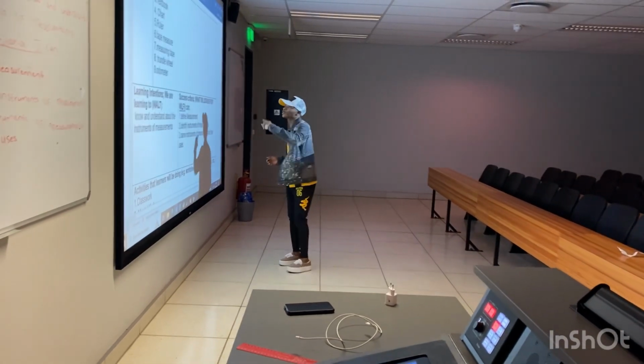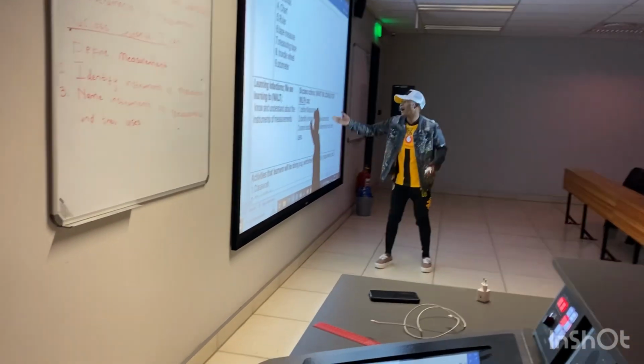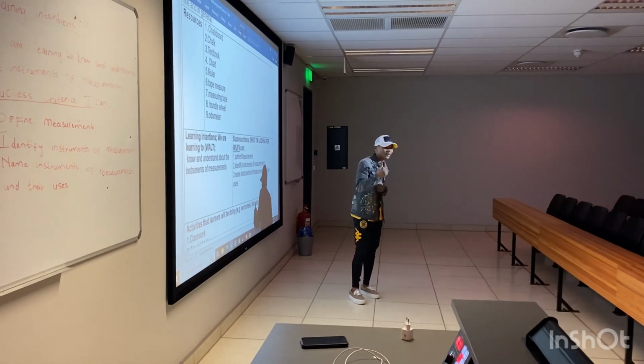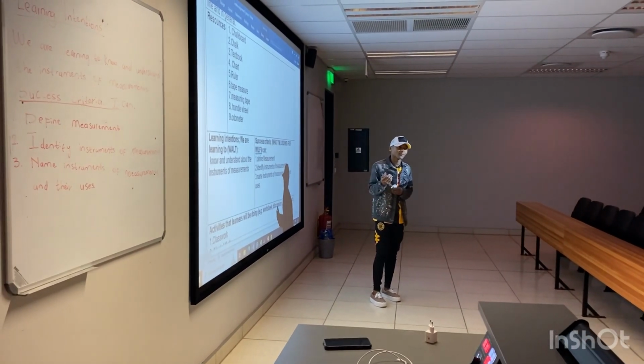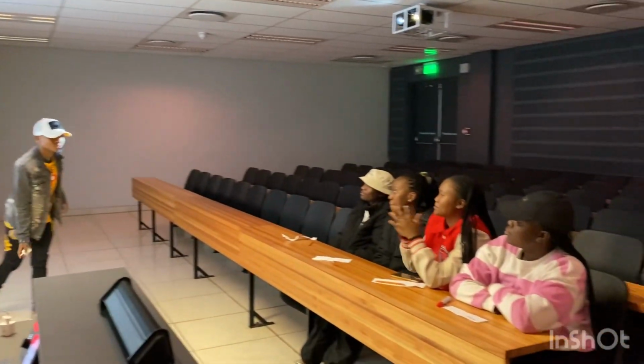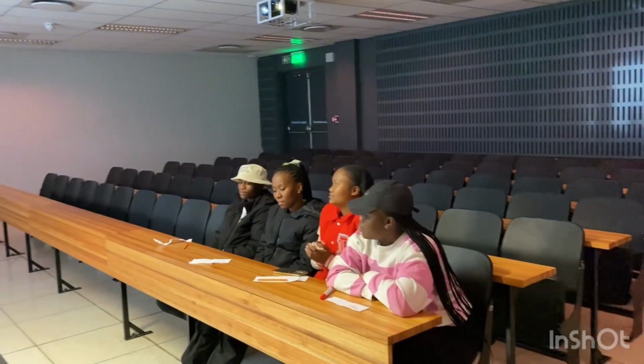So now let's move to success criteria. Our success criteria says I can define measurement. Can we now define measurement? What is measurement? Sir, can I phone my friend? Yes, we can phone your friend.